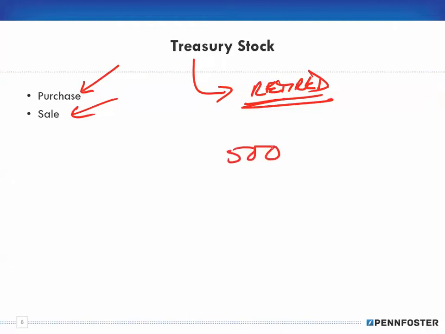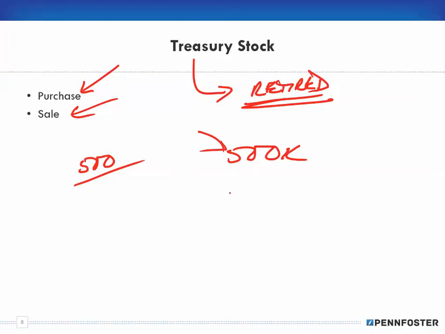So if we started out with 500,000 shares, and the company decides to purchase, say, 500 shares, and I'm using the numbers from the book, but I'm just picking the 500,000 here as a number out of my head. That's kind of been the theme for this chapter.